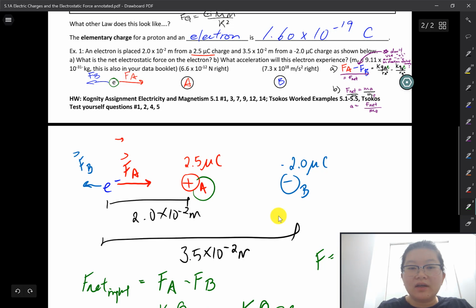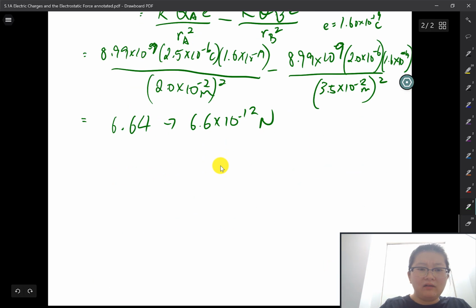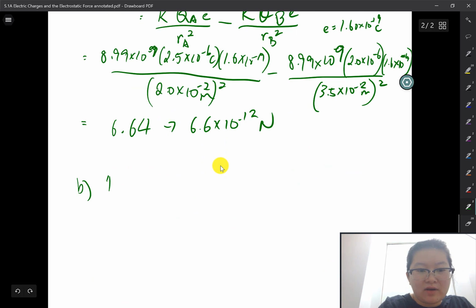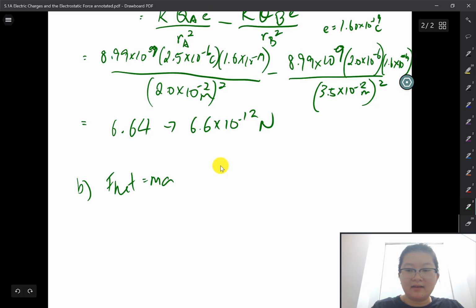Next question. The next question is finding the acceleration of this electron. Well, we know that acceleration can be found from the net force, which is Newton's second law. By dividing both sides of the equation by the mass of the electron, I can solve for the acceleration, and I use the net force I got above.